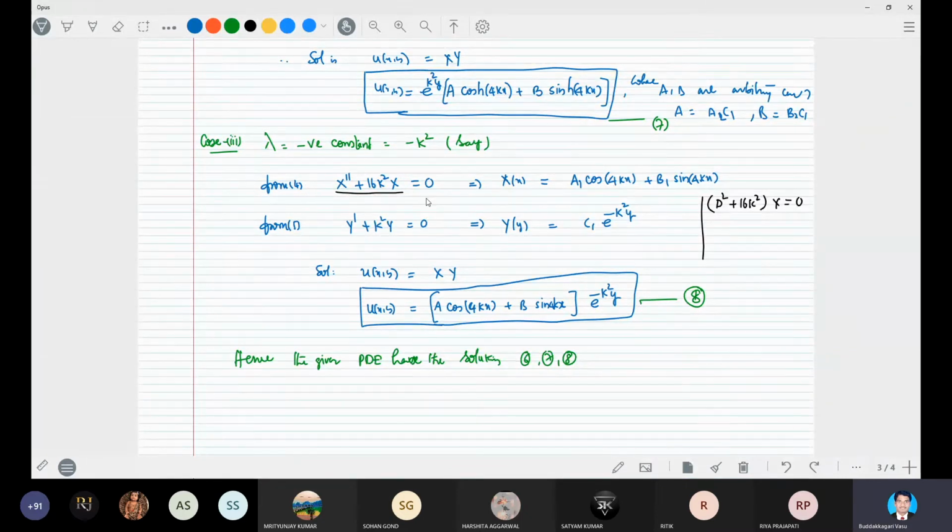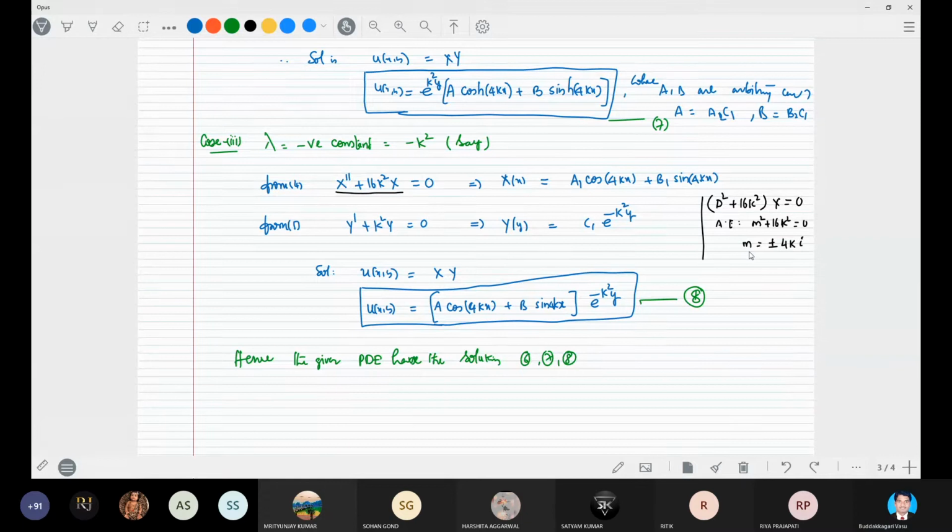Its auxiliary equation is m square plus 16k square is equal to 0. What are the roots? Plus or minus 4ki, right? Complex conjugates.